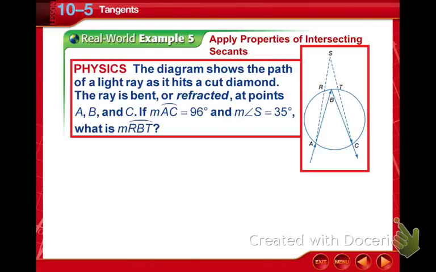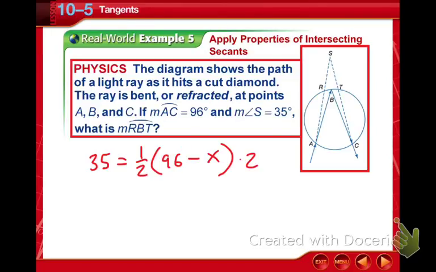So we know that angle S is 35, that's our angle. Our smaller arc is what we're trying to find, and our larger arc is what we do have. So this one's going to have the negatives floating around. So our larger arc AC is 96, and we're going to subtract away the one we're looking for.